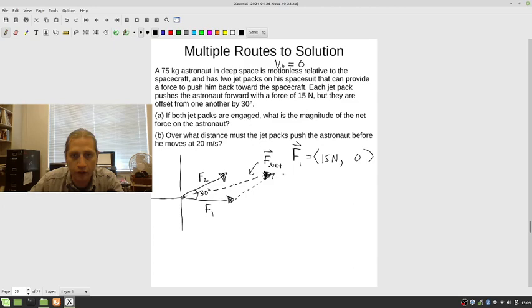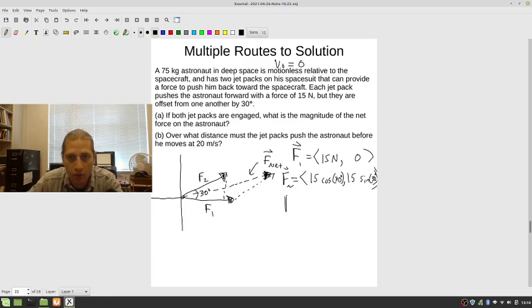On the other hand, for F2, my X component would be 15 times, I would just need to take the X component, so that would be cosine of 30 degrees. Make sure your calculator is in degrees. And then 15 sine of 30 for the Y component.